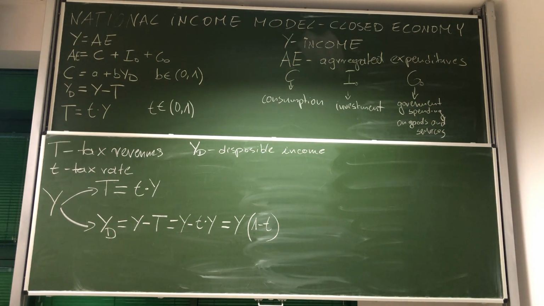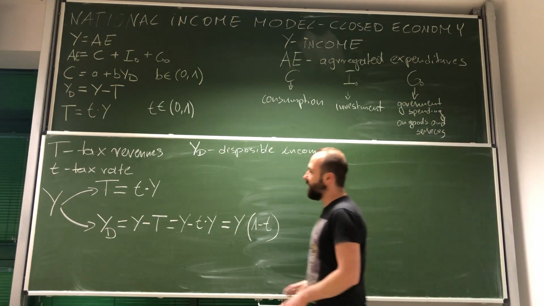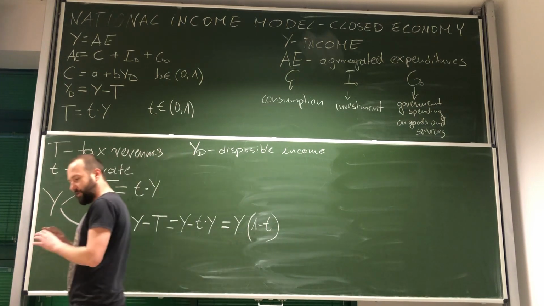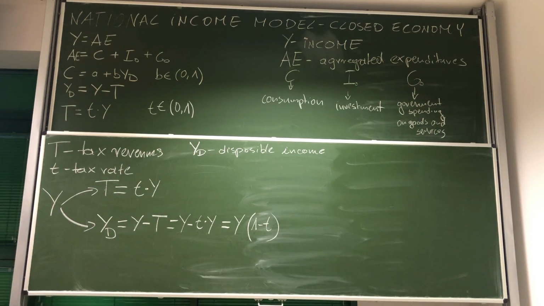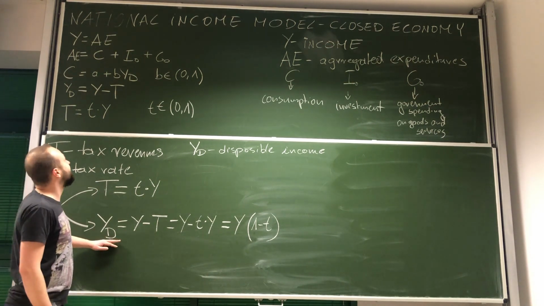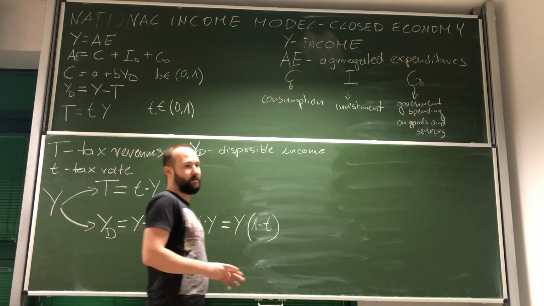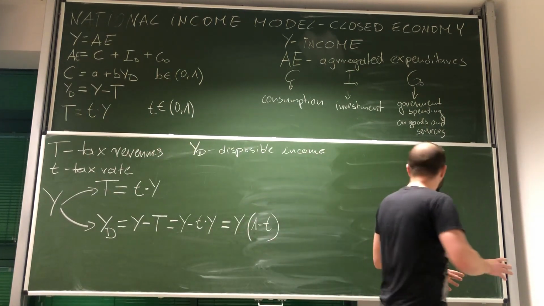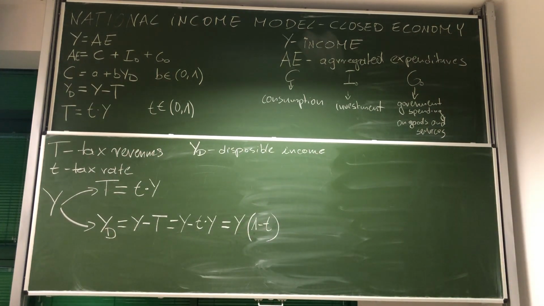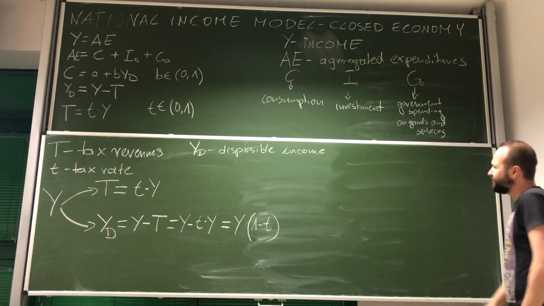Okay, so we see that before government actually collects the money, we've got income Y, and after government collects the money, what we've got is disposable income. Disposable income is this part of the income that customers, or households, can actually spend on goods and services.